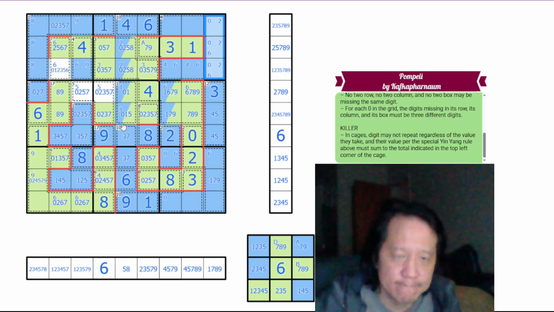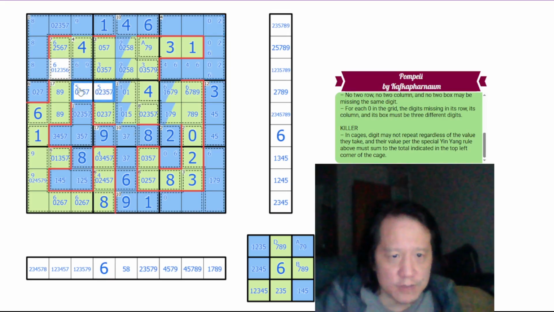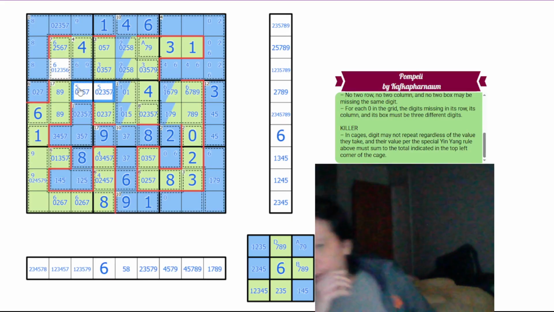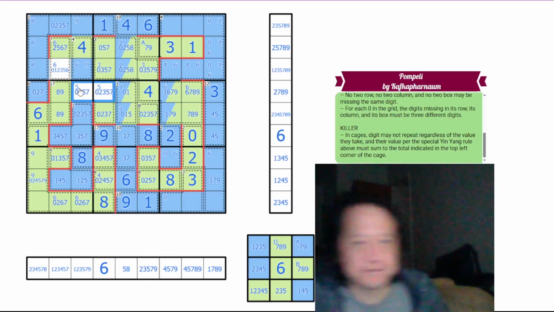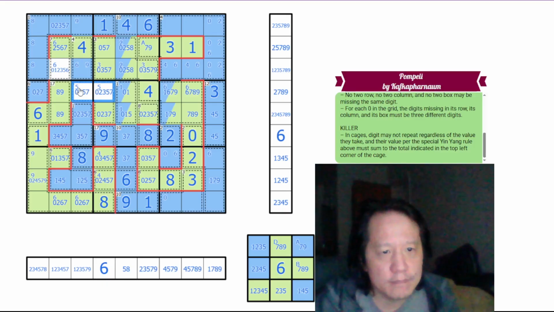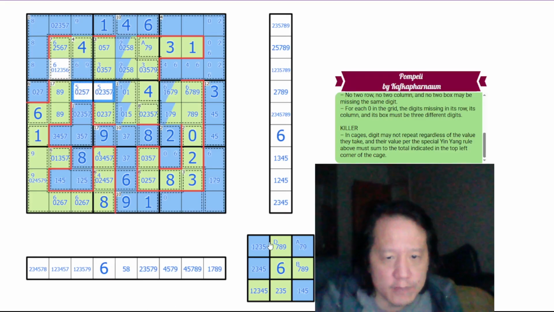Huh. Okay, let's just try something. I don't know. You cannot, in columns 1 through 3, or box 1, 4, and 7, you cannot be missing a 7, 8, or 9.